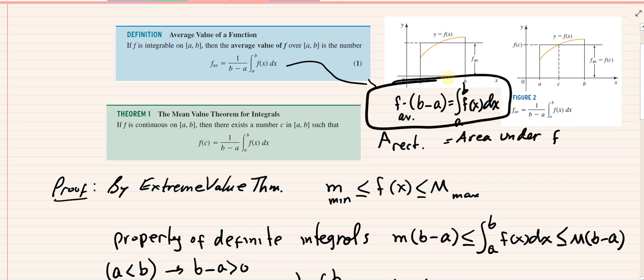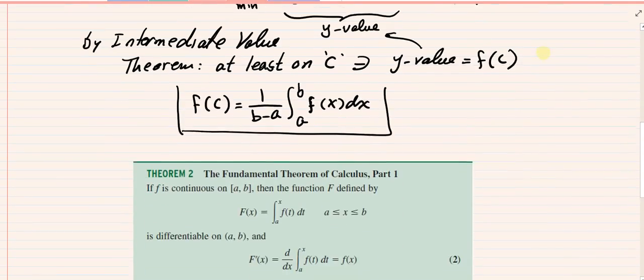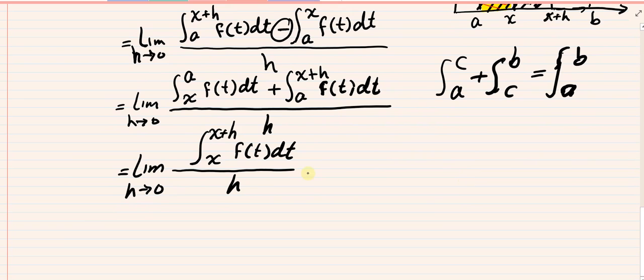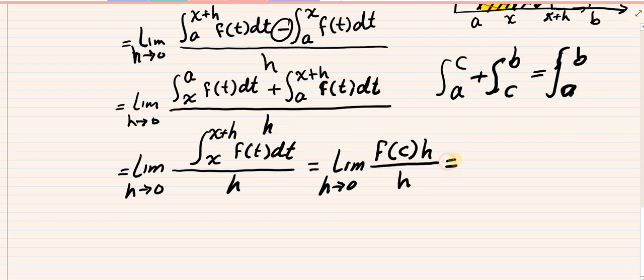So using this notation by mean value theorem, we can write the numerator of this expression as the limit h approaching 0 of f at c times h, where h is the length of that rectangle, the distance from x to x plus h. And that's going to equal f of x.